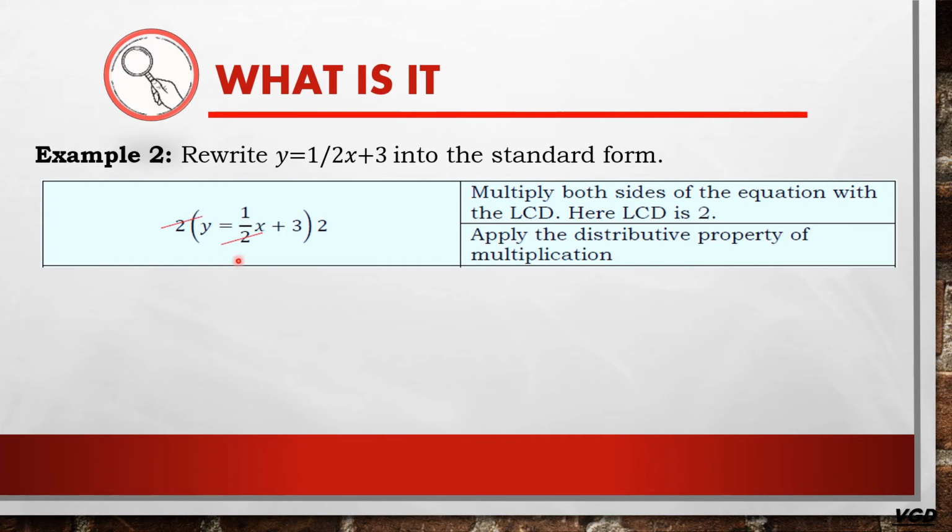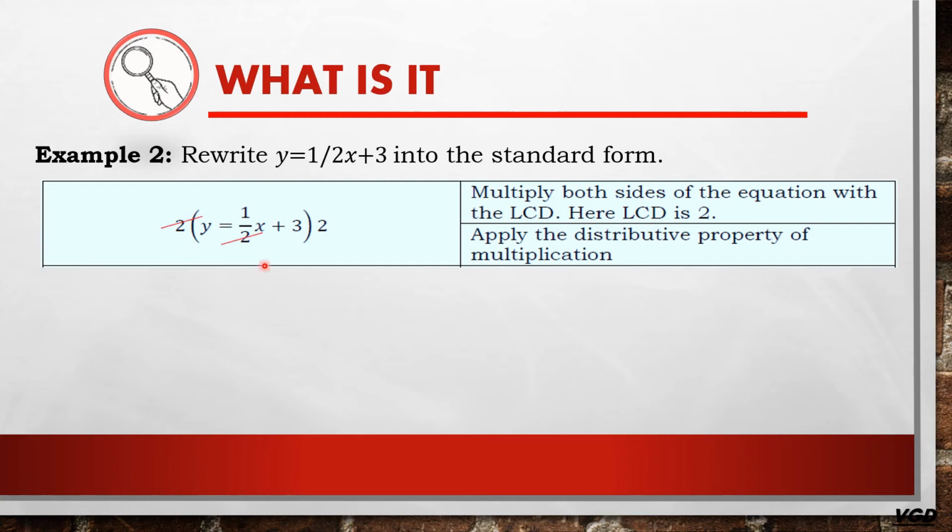Our goal is to make it into ax plus by equals c. So, we move x to the left side, and what remains on the right side is our constant. Alright? So, that is our goal.